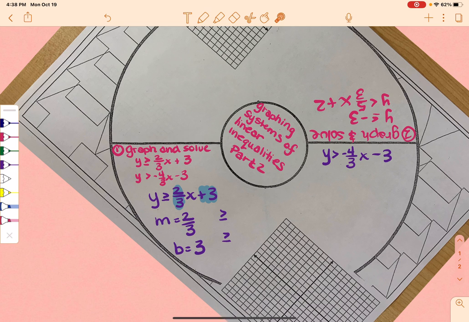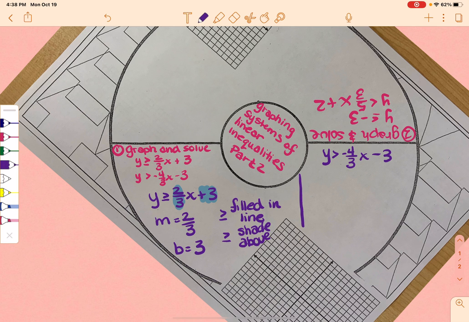So with this kind of inequality, that means that I'm going to have a filled in or solid line. With that kind of inequality, I'm going to shade above. So there's all four pieces for this inequality.